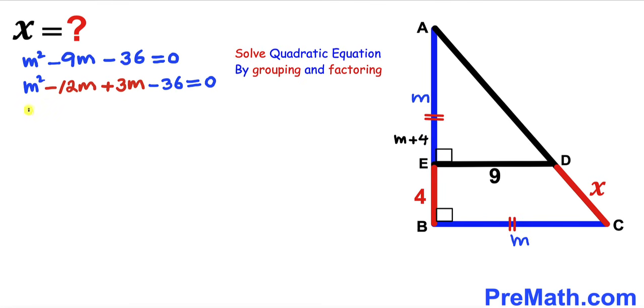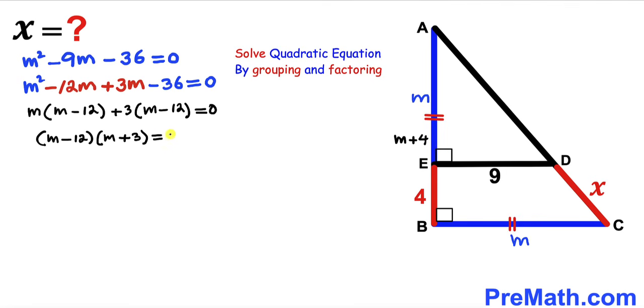So we can write m outside: m times m minus 12, plus 3 times m minus 12, equals 0. Here m minus 12 and m minus 12 are common. So we can write m minus 12 times m plus 3 equals 0.